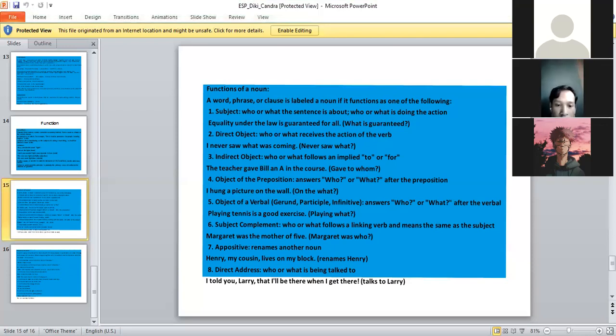And the last, function of a verb. A word or group of words will be labeled a verb if it shows physical or mental action or a state of being. Verbs answer the question, what is happening? The verb, its modifiers and its objects are called the predicate of a sentence.